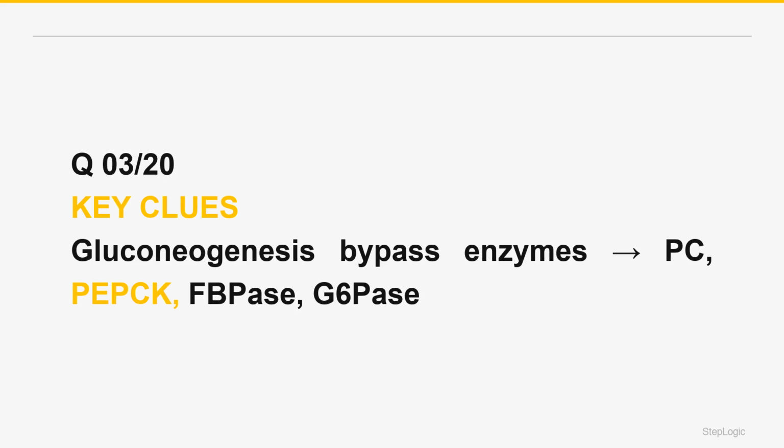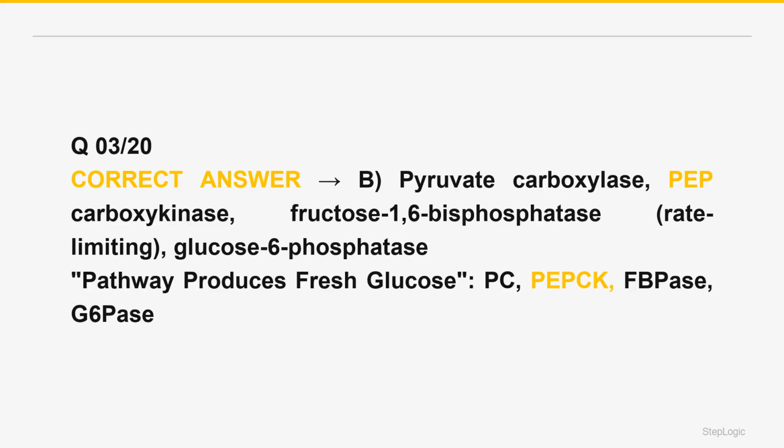PEP carboxykinase converts oxaloacetate to phosphoenolpyruvate. Fructose 1,6-bisphosphatase converts fructose 1,6-bisphosphate to fructose 6-phosphate. Finally, glucose 6-phosphatase hydrolyzes glucose 6-phosphate to free glucose. The correct answer is B.